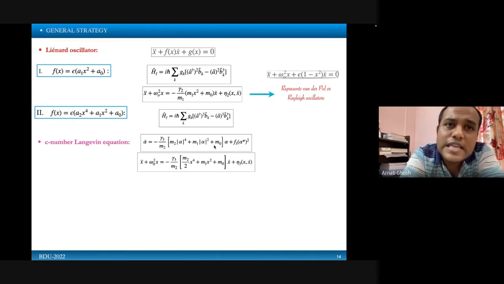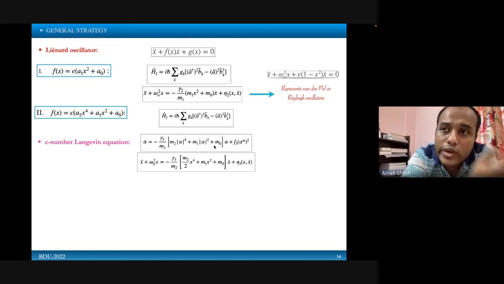We recover exactly the same results that are obtained from the other methods. The advantage we figured out is that this C number Langevin approach is much easier to implement as a numerical technique, because once you take this average with respect to the coherent states, it looks exactly like your classical Langevin equations.